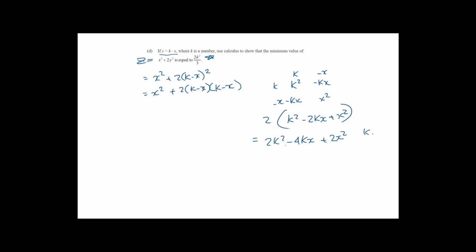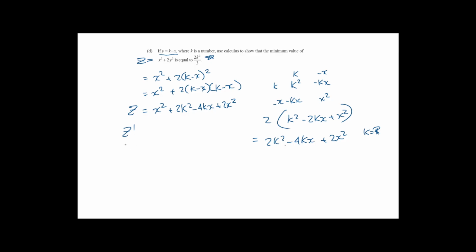And remember, k is a real number. So when we differentiate it, we treat 4k as a number. So that's z in terms of x and k.